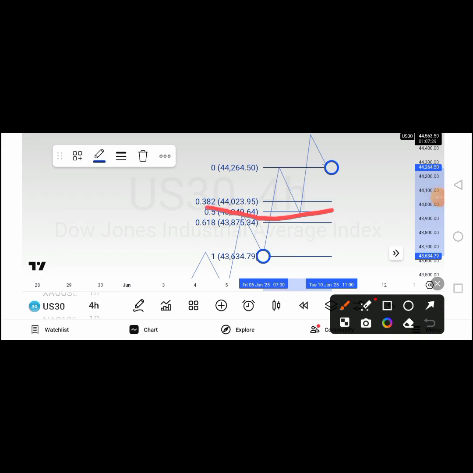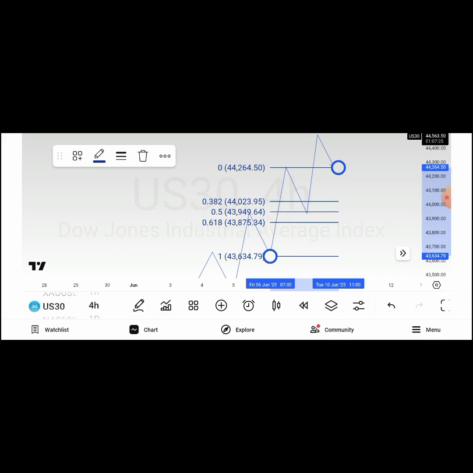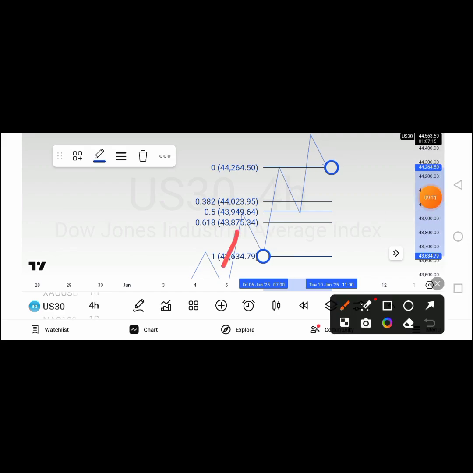When it came around 0.5, it respected it and continued to the upside. So as the market was going up, it will retest. This retracement now retraces and continues in the up direction. So that's how we use Fibonacci.